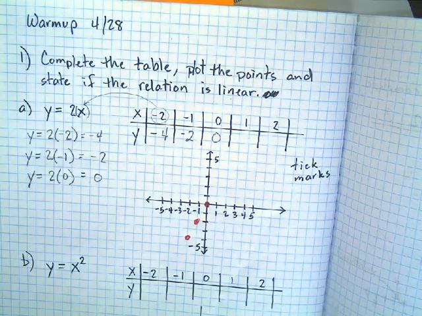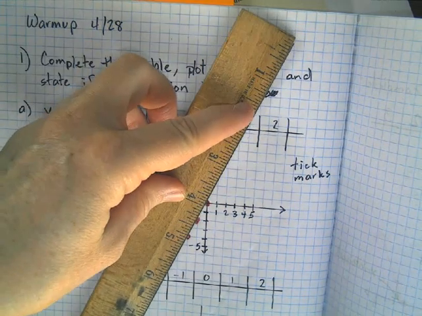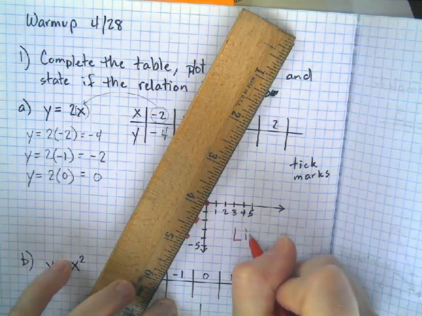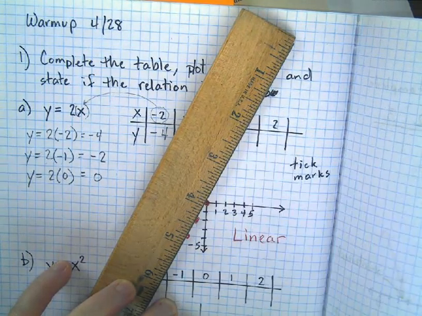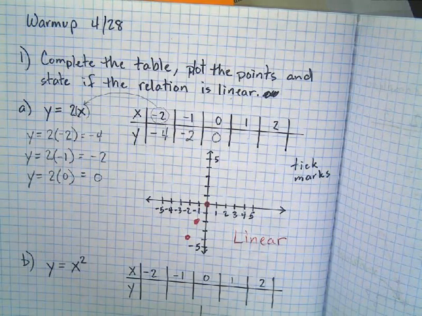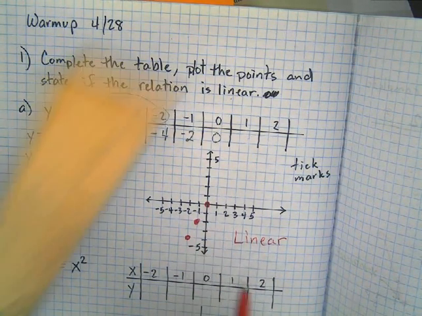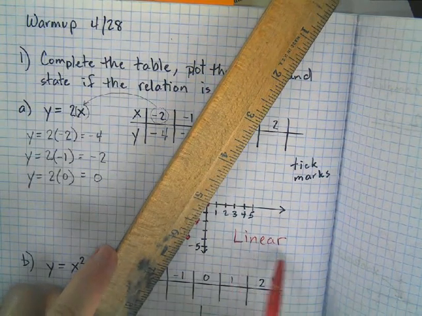So does it make a straight line? Oh, it looks like it does. So this is linear. It is making a straight line. So that's what you're doing in math space today. You're checking to see if the points make a straight line, then it's linear.